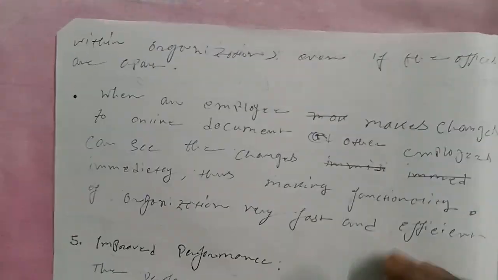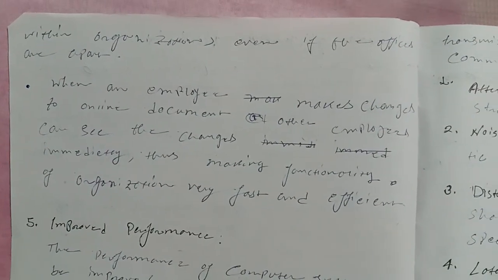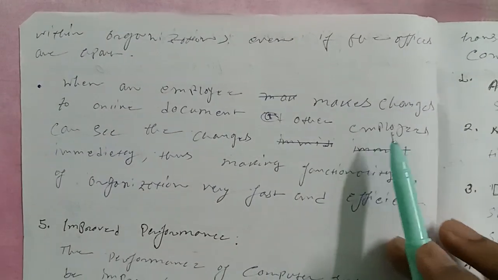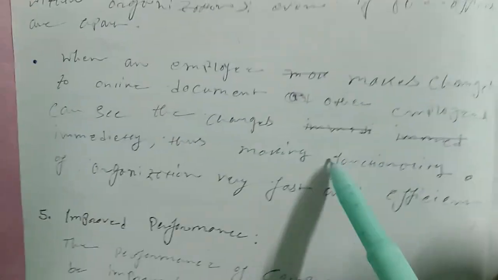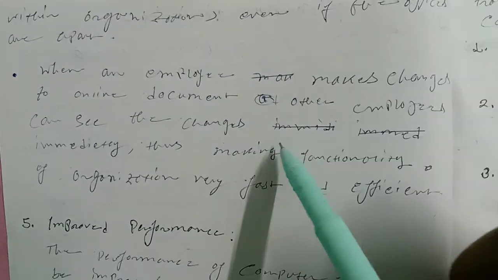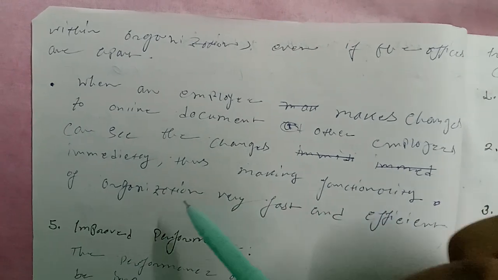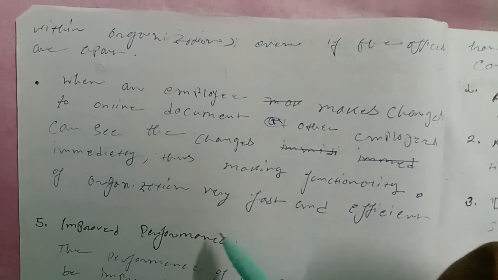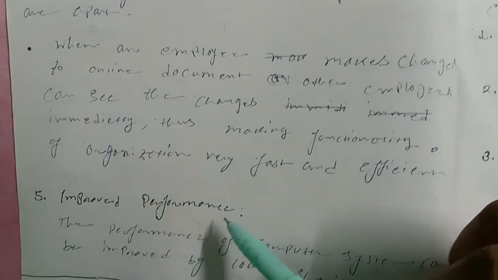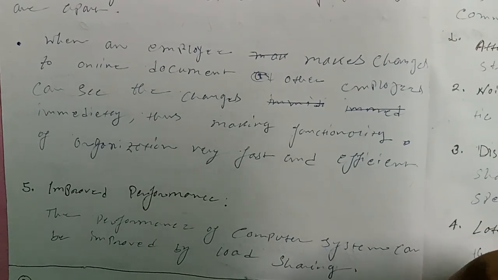Everything is available on the network through the internet. So when an employee makes changes to an online document, other employees can see the changes immediately, thus making the functionality of the organization very fast and efficient. The last point is improved performance. The performance of the computer system can be improved via load sharing.